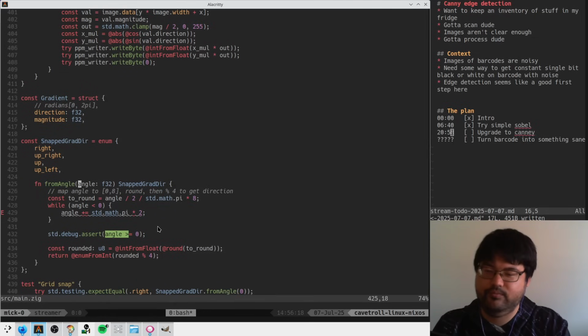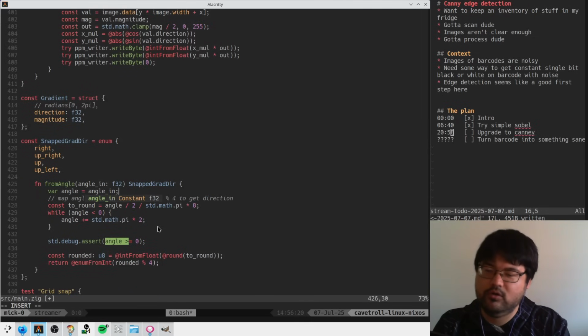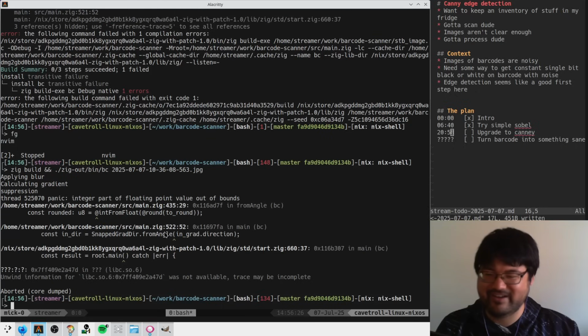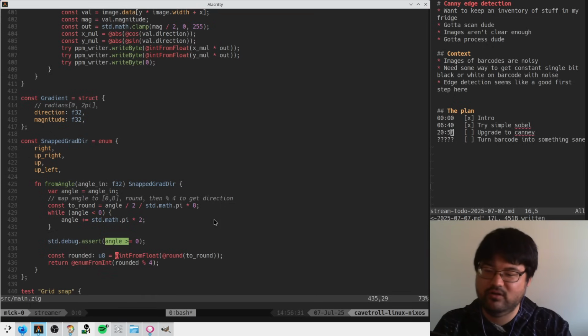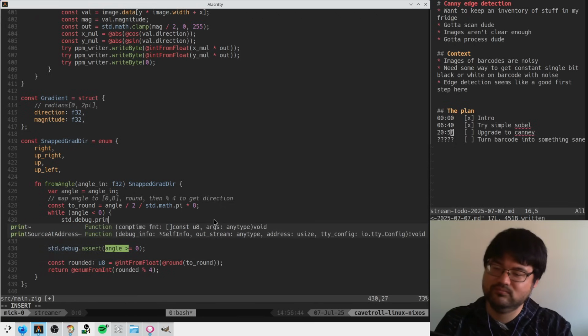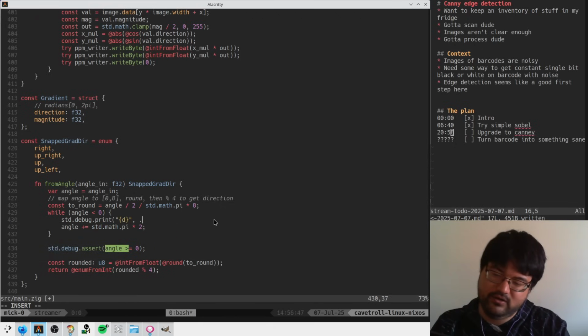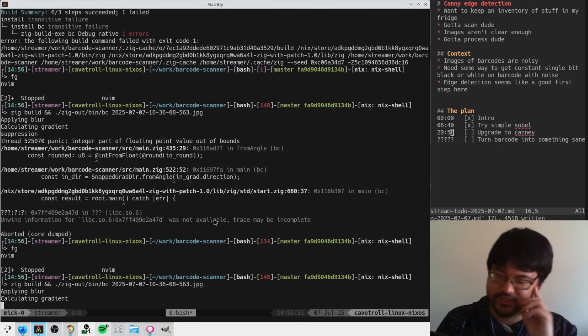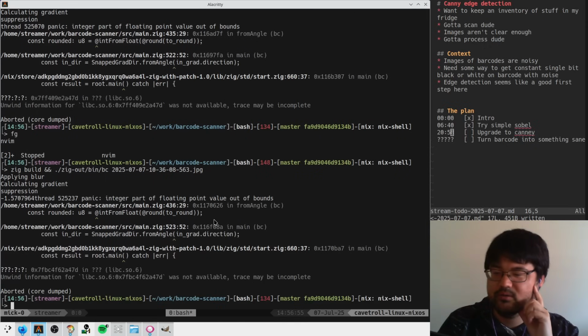Integer part of floating point out of bounds at 435. How is that possible? Is it some dumb thing? Was it actually just a little bit under 0 or something? No, that should be fine.